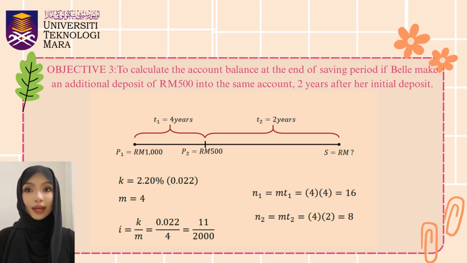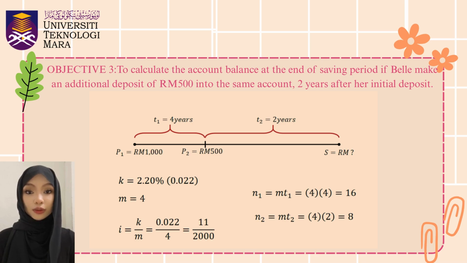Objective 3. To calculate the account balance at the end of the saving period if Bell makes an additional deposit of RM500 into the same account 2 years after her initial deposit. Let's have a timeline. P1 equals RM1,000, P2 equals RM500, and S equals what? T1 equals 4 years, T2 equals 2 years, and K equals 2.20%, which is 0.022.